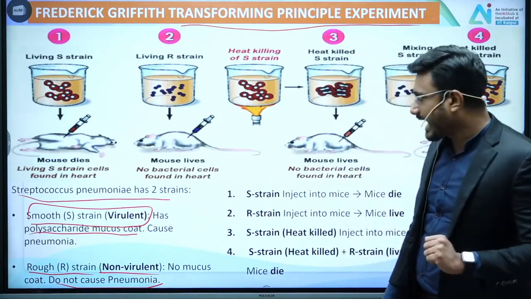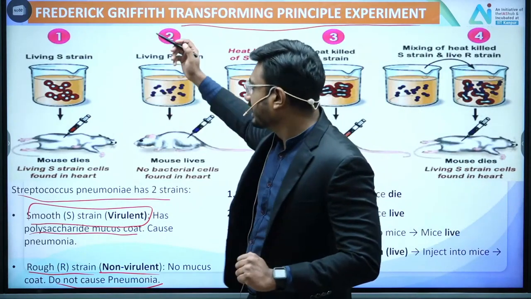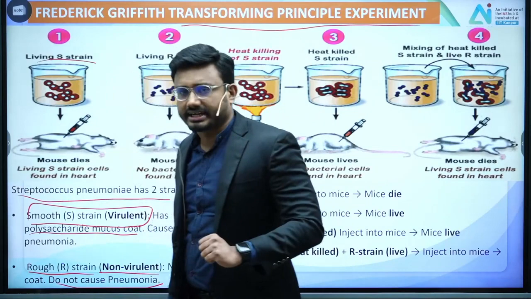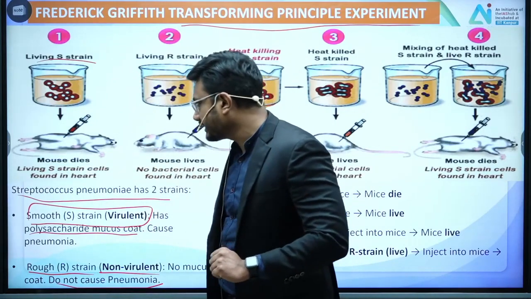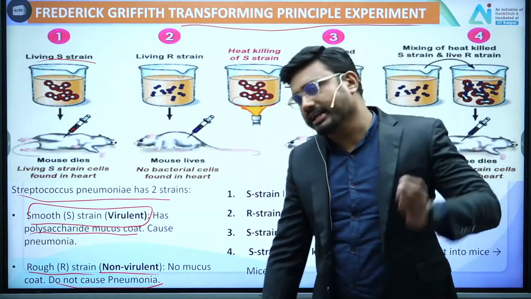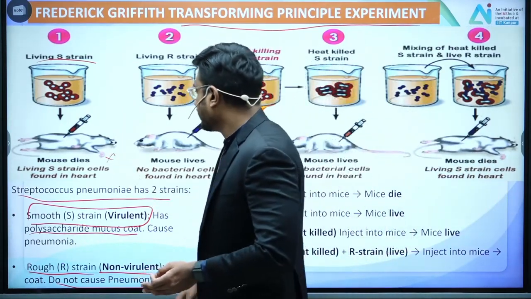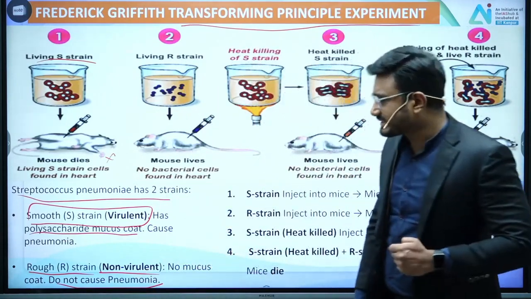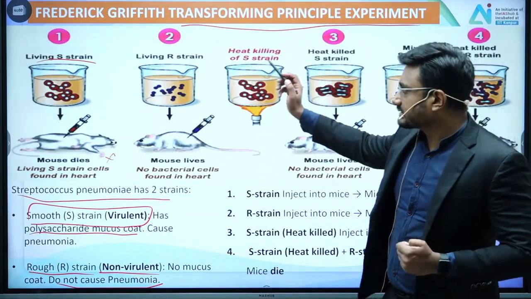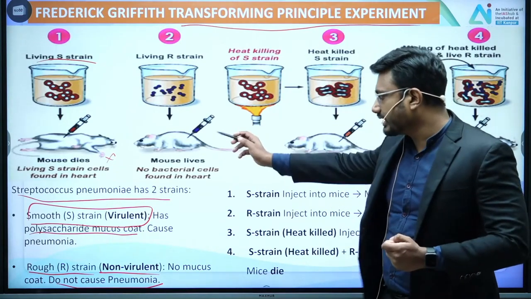In the first case, the living S strain is getting injected into the mouse. We know that the S strain can cause pneumonia, and it thus leads to the death of the mice. Whereas in the second case, the live R strain is getting injected into the mouse.